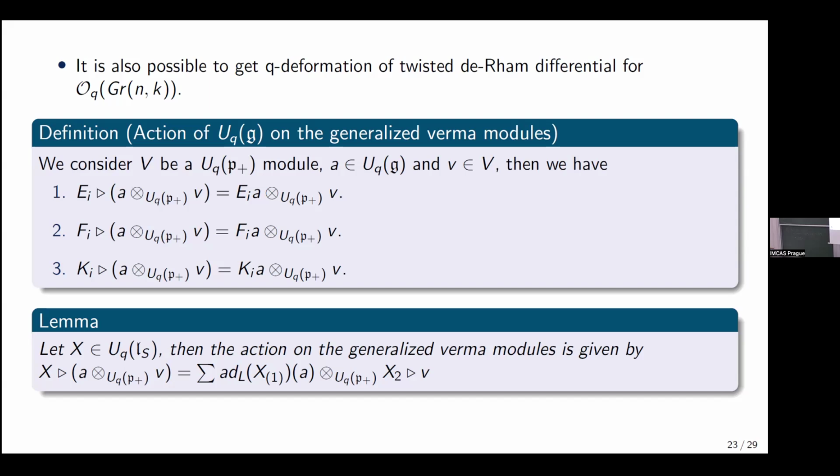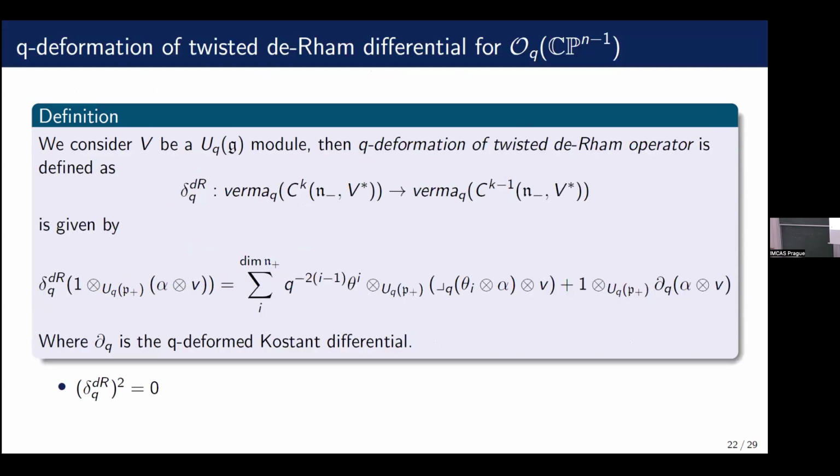Could you repeat your question? Probably I didn't understand your question before. What I am trying to say is that this is a module map for a particular V, and for some V's it's not.